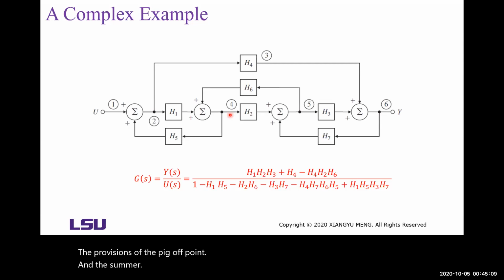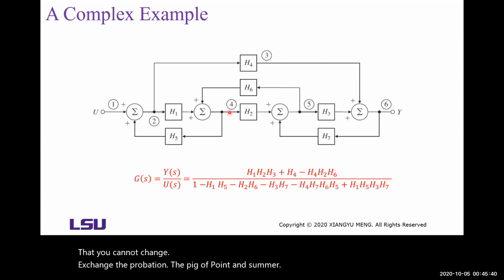Then here you can't apply the feedback rule, because feedback rule means the input to the output. So you have a pick-off point here, and you cannot exchange the pick-off point and the summer.